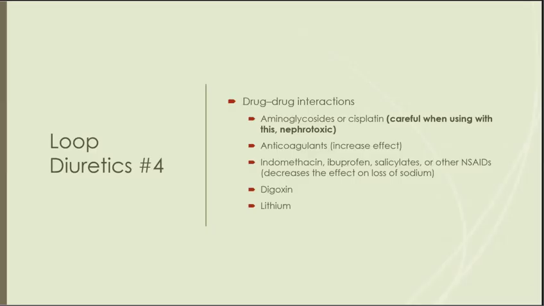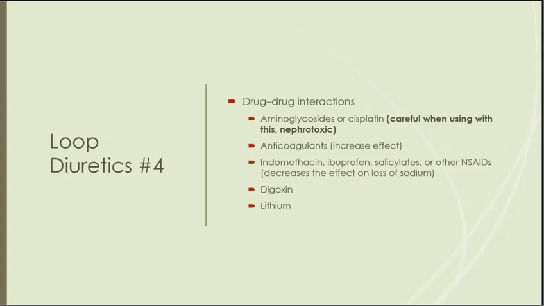Because loop diuretics cause potassium loss, they can increase the risk of digoxin toxicity. They can also increase lithium levels, leading to lithium toxicity. NSAIDs like ibuprofen reduce blood flow to the kidneys, making loop diuretics less effective at removing sodium and water.